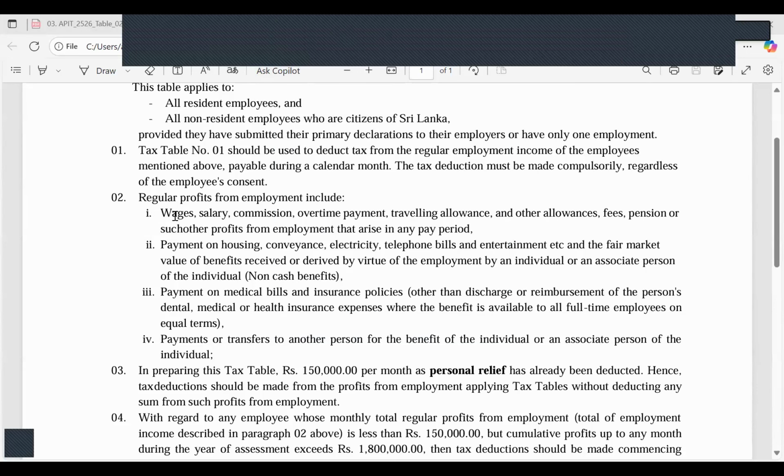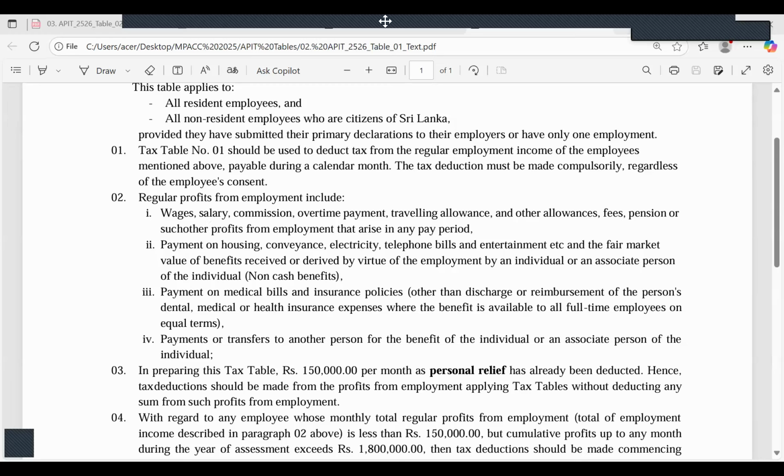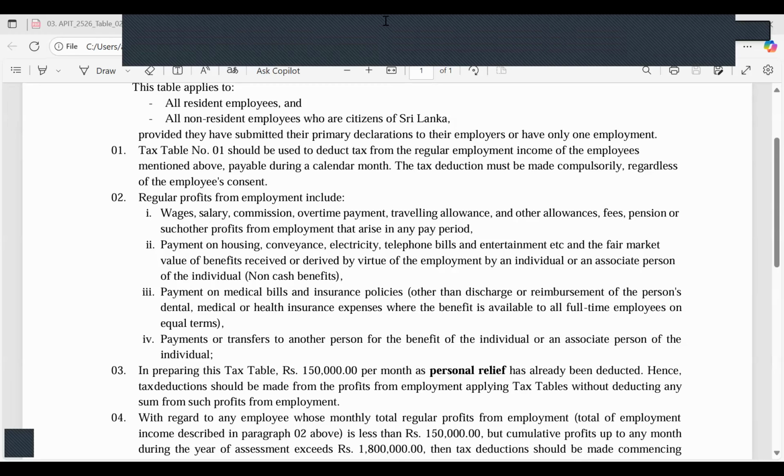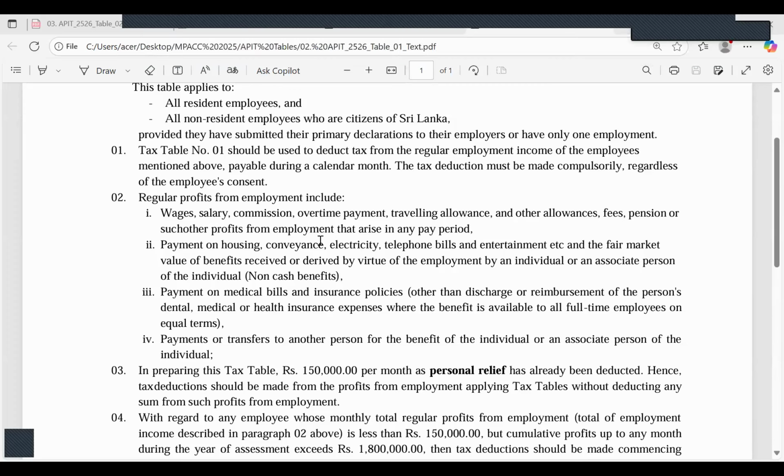Then for the regular profits, we can use table 1. Regular profits means the amount we are receiving regularly. Housing benefit, conveyance, electricity allowance, telephone bill allowance, entertainment allowance, likewise. So all these are income we are receiving regularly.